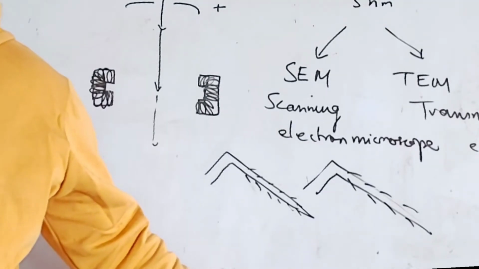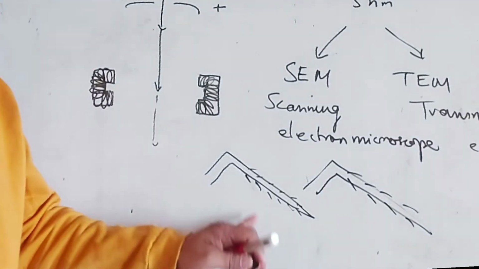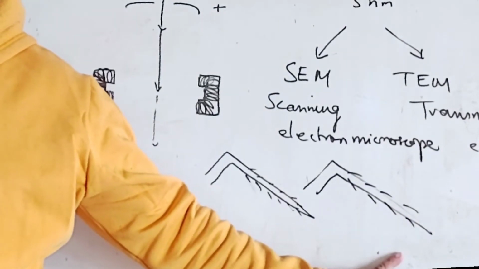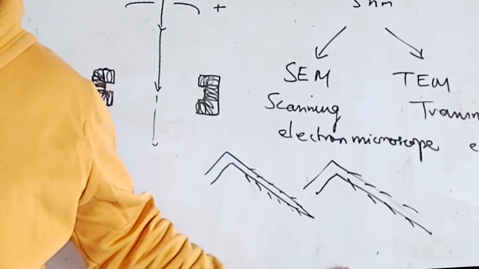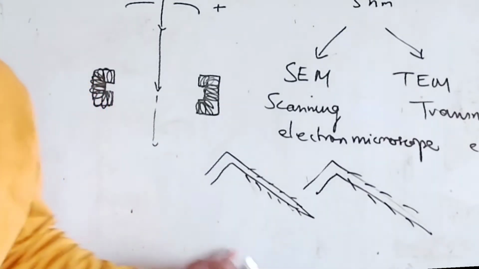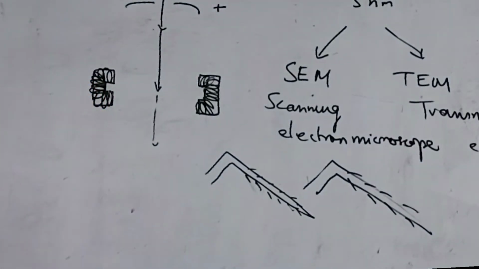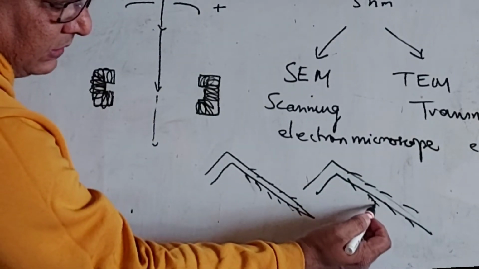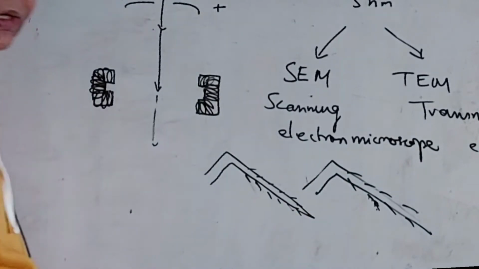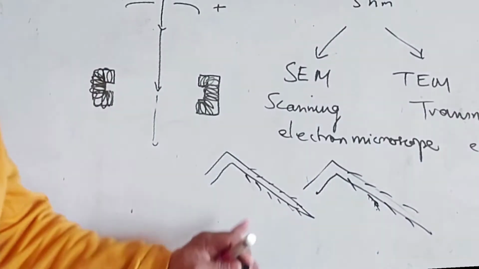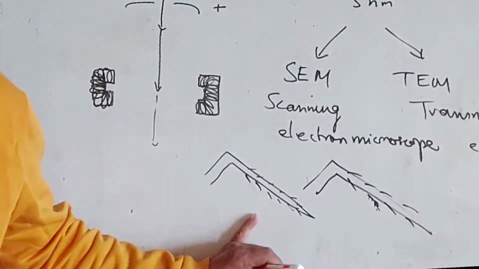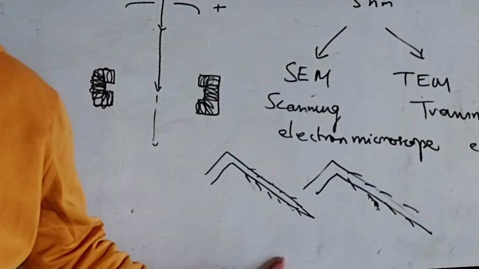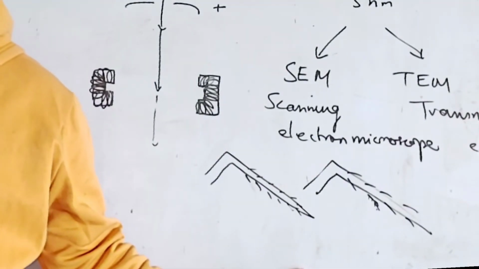But another person did a scanning electron microscope study to see whether really they are similar or not. What he found was that yes, there are some hairs over it, but those hairs are absent here. So these two things cannot be similar. That is the capacity that scanning electron microscope gives you.